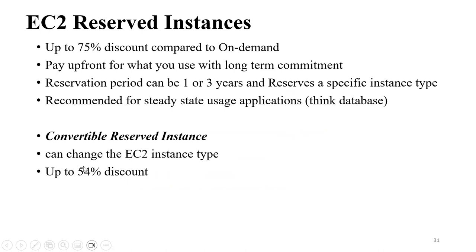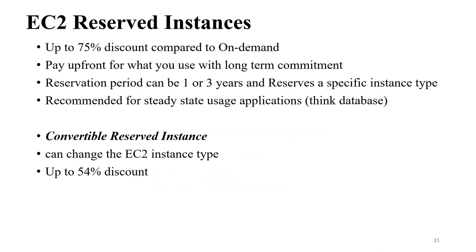But you will only get a 54% discount on the on demand. This one is 75% because you have a fixed instance type here. They will buy that hardware and allocate it to you. Okay, he is requesting 16 GB for the next 1 year, okay, give 16 GB to him. They have the fixed one, so they can give some discount.